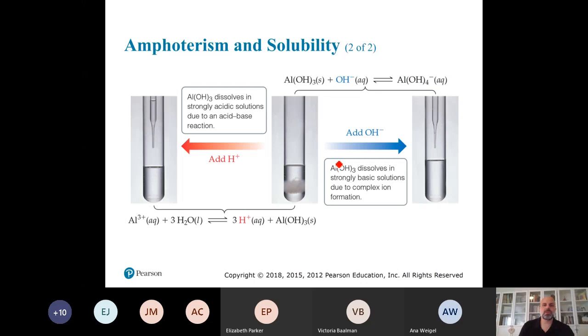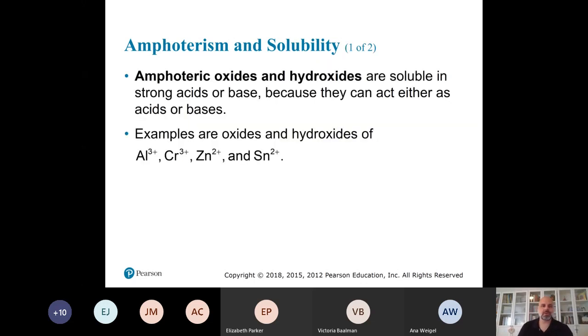So what does that mean? So if we have our aluminum, right, they're talking about aluminum, examples. If you have aluminum hydroxide, this could be a chromium hydroxide, zinc oxide, tin oxide, things like this.